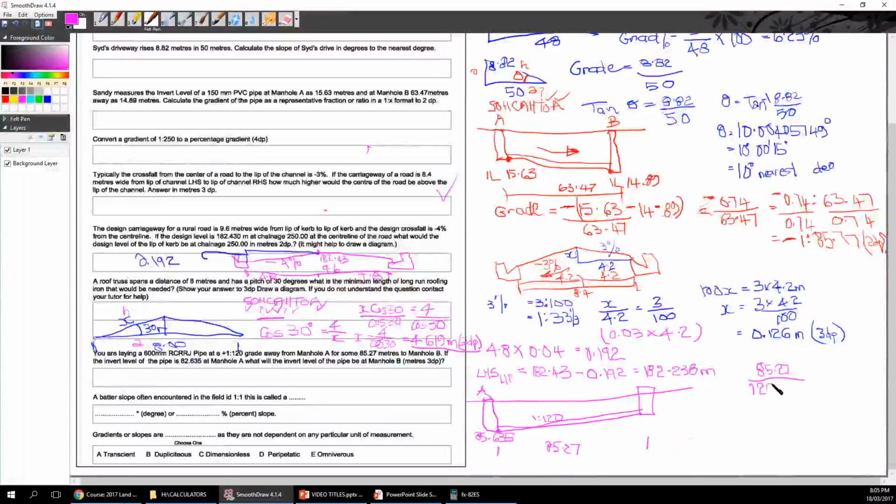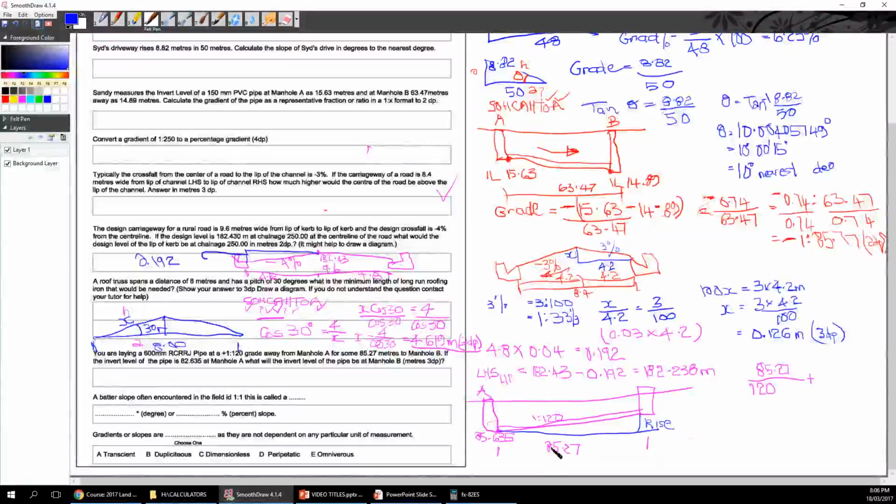It's going to go that many meters in 85.27, and that's going to be like our rise. So that's 85.27, that's the rise there. So we just need to calculate that.